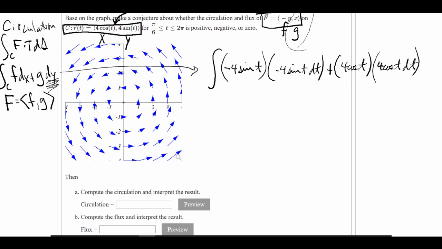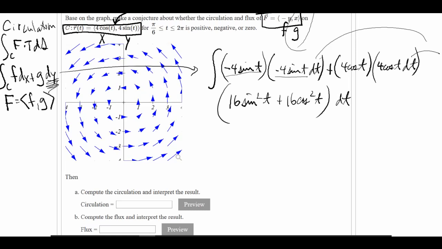Now, as you see, we can take the dt's totally out of each of these, and we're left with a negative 4 sine t times negative 4 sine t, which is a positive 16 sine squared t. 4 cosine t times 4 cosine t would be a positive 16 cosine squared t.